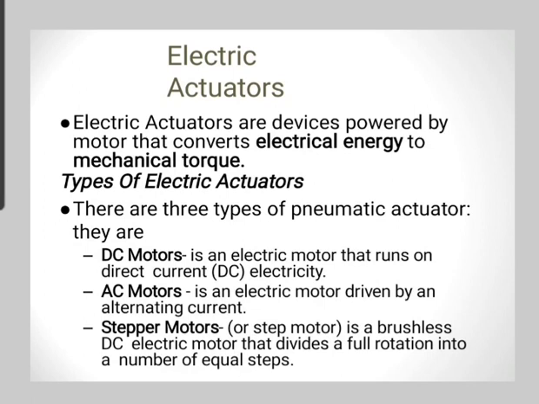A DC motor will have a positive and negative terminal. The output shaft of the DC motor will start to spin if we supply DC voltage to the motor terminals, and the speed of the motor shaft can be adjusted based on the voltage across the motor terminals. Then the next is the DC gear motor. Adding a gearbox to a DC motor can increase the shaft torque and reduce the motor speed.